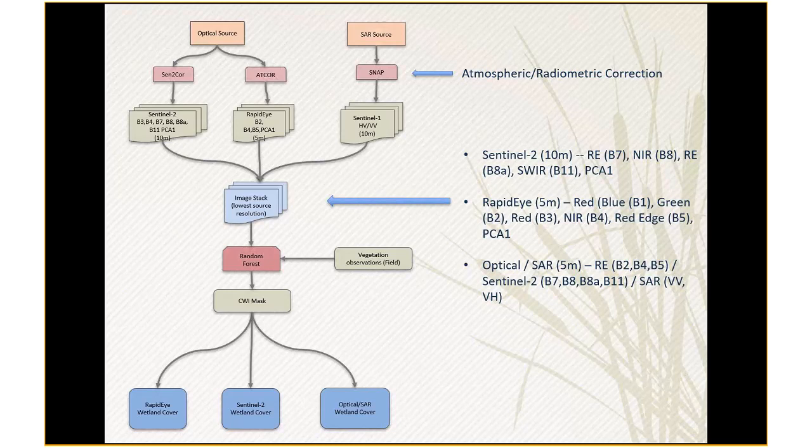So the idea is we had 3 image stacks that were all downscaled to the lowest resolution as part of the process, and then brought in our field observations, and using random forest, the classifier, trained it, masked it with the CWI wetland data.